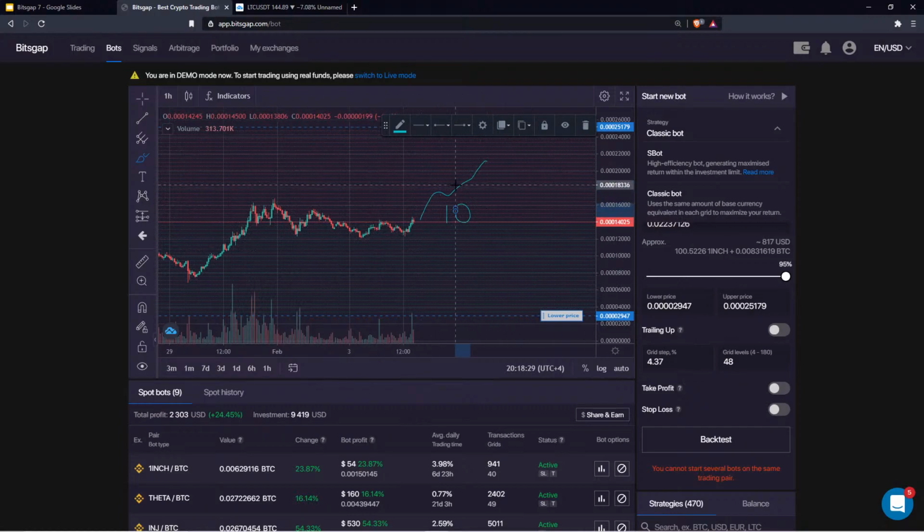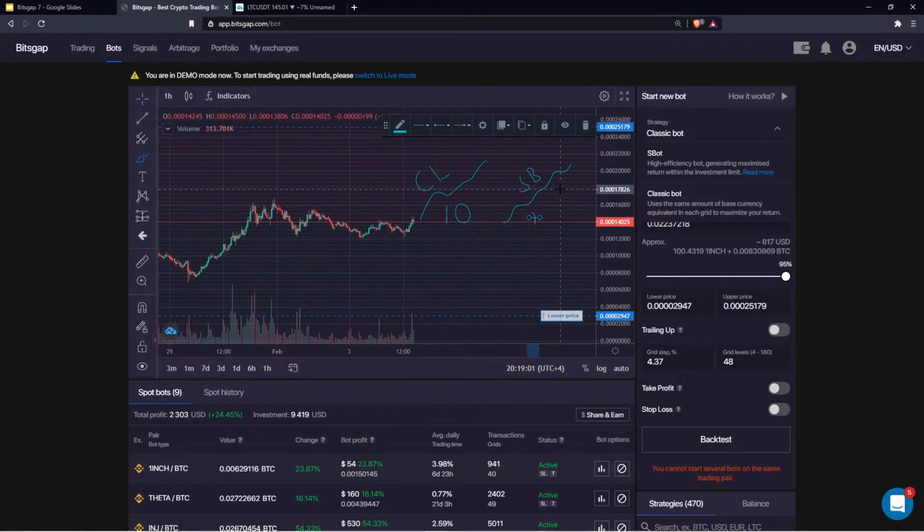Whereas in the SBot strategies, okay, so that's the classic. Let's name it CL. But for the SBot, if the market goes higher, it never sticks to the same amount of coins to buy or sell. Instead, it just spends the same investment per each grid level. So it can be that at this point it buys only 7 coins.